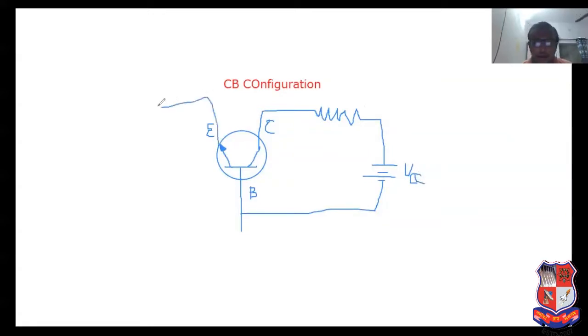Here the base emitter junction is connected in forward bias. See this, the VEE battery.